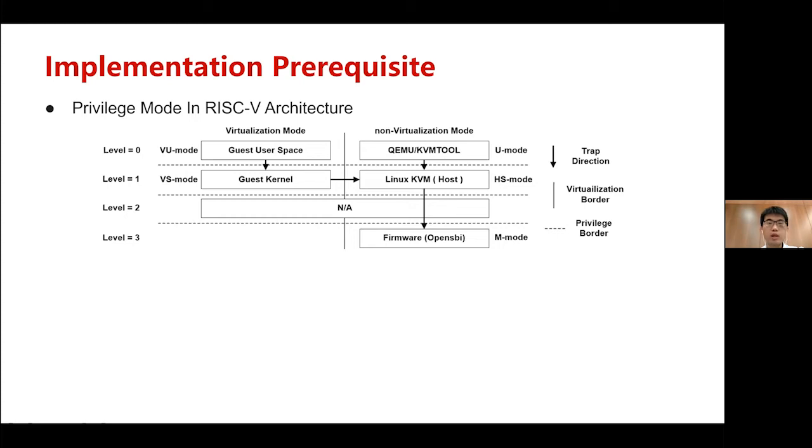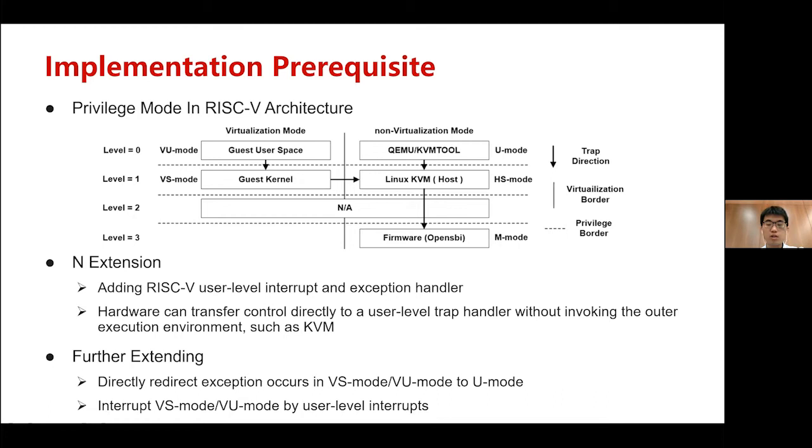Guest runs in virtualization mode and host runs in non-virtualization mode. An extension is proposed in the RISC-V privilege architecture for adding user-level interrupt and exception handling. Interrupts and exceptions can thus be delegated to user level.